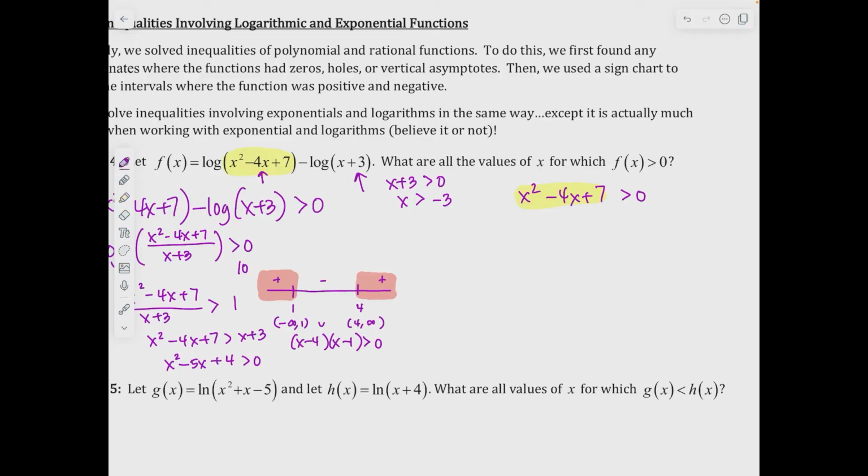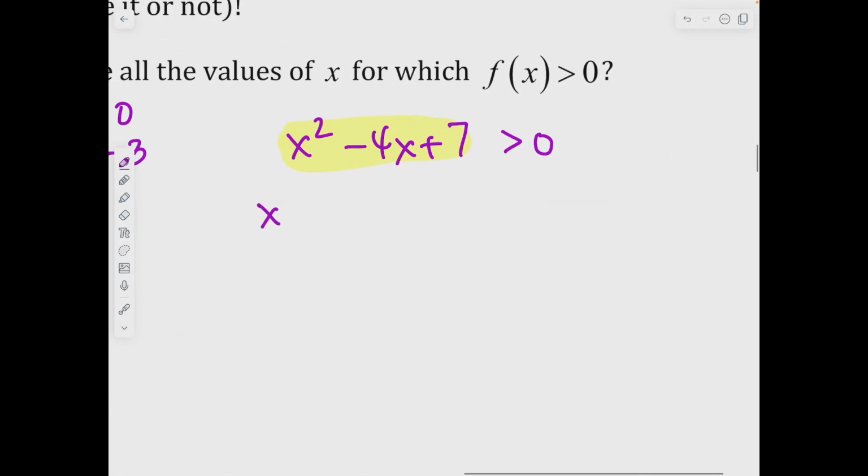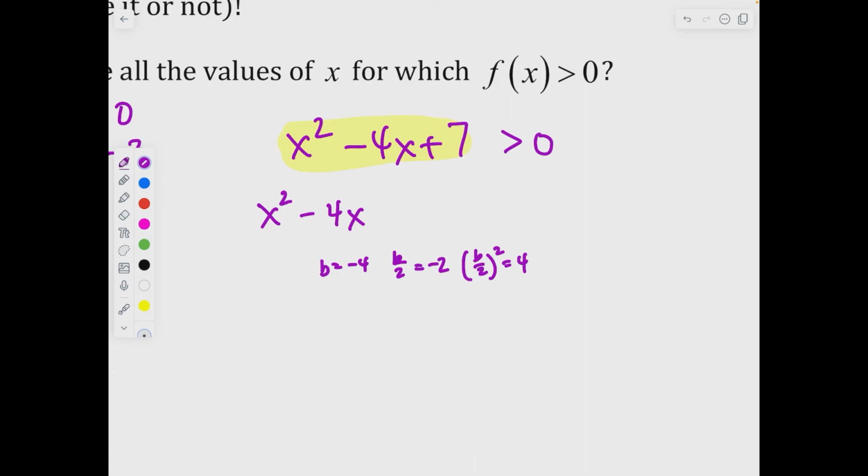So that's where I'm getting this from right there. I'm going to use completing the square here. I have a b value, which is negative 4. I'm going to half it, which is negative 2, and I'm going to square that, which makes positive 4.